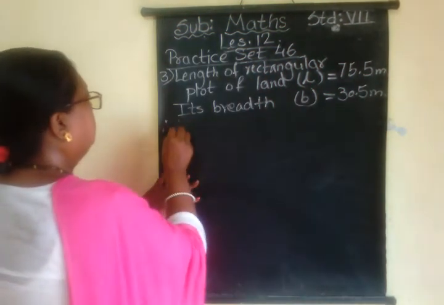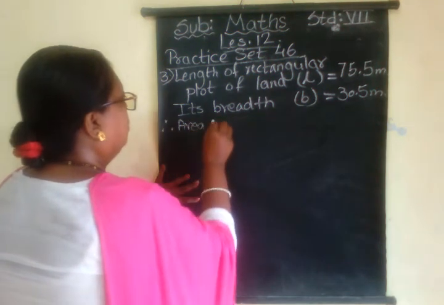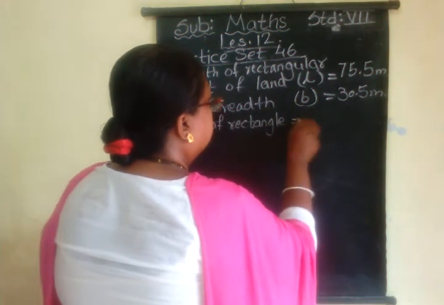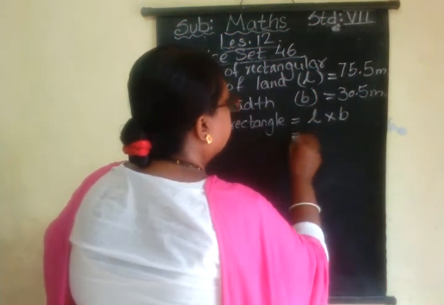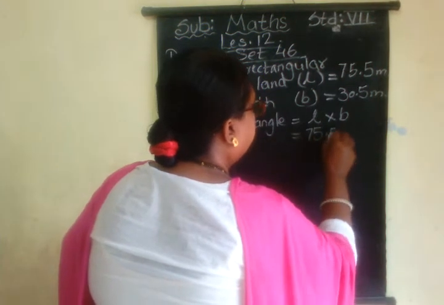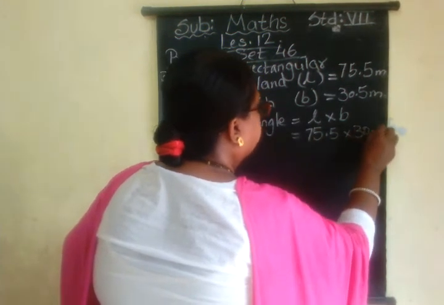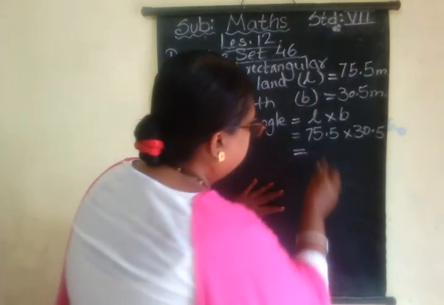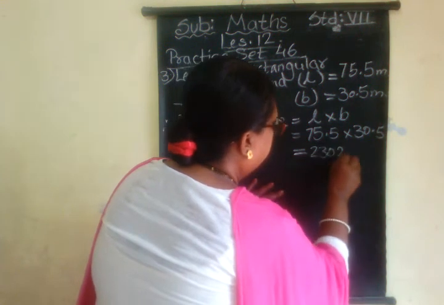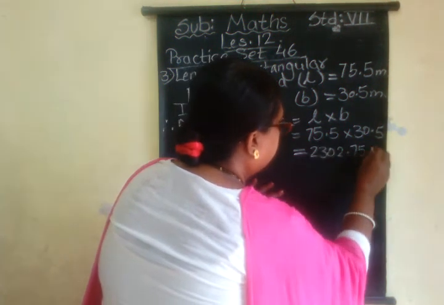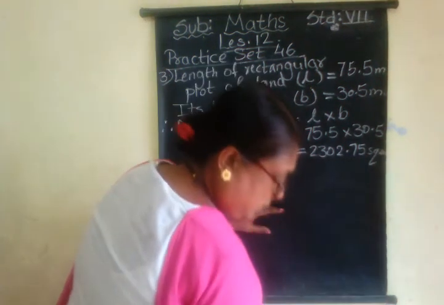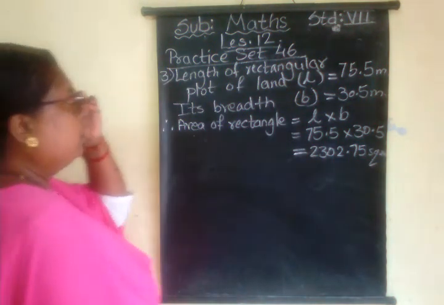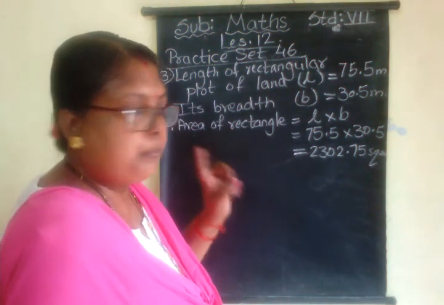So therefore, area of rectangle equals L multiplied by B, which equals 75.5 multiplied by 30.5, which gives us answer as 2302.75 square meter. 2302.75 square meter. Now you have to find the cost at the rate of rupees 1000.